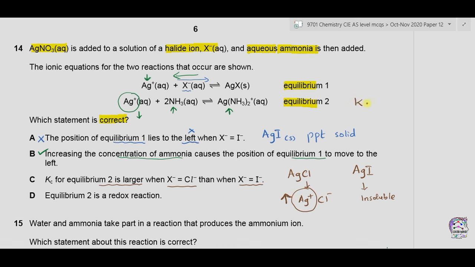For equilibrium 2, Kc is equal to the concentration of product, which is silver ammonia complex, divided by the concentration of reactants, which are silver aqueous and ammonia.